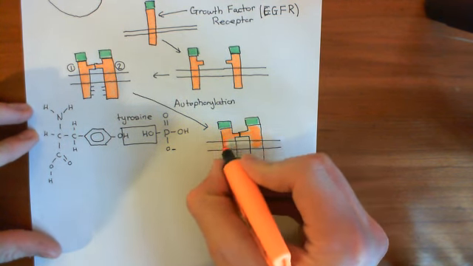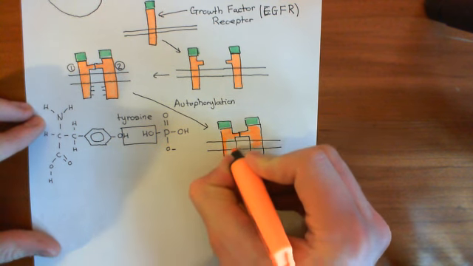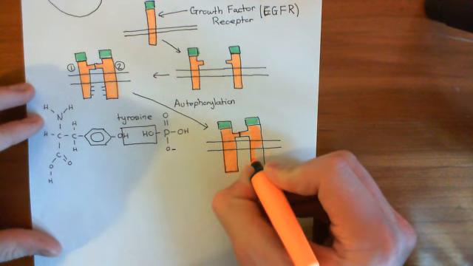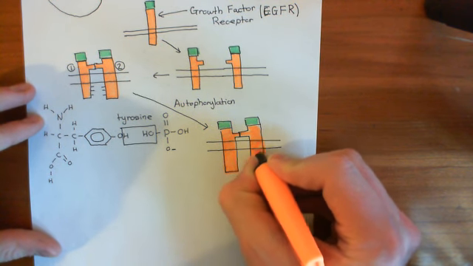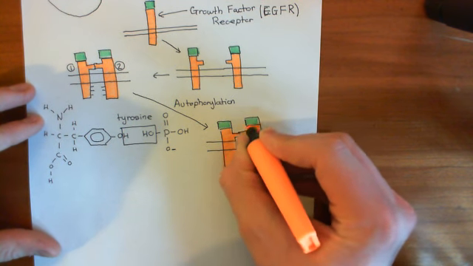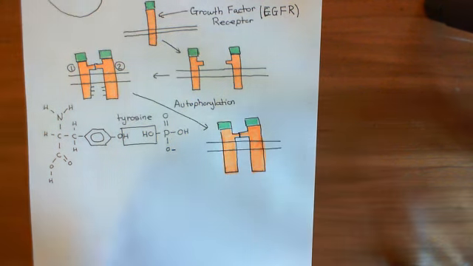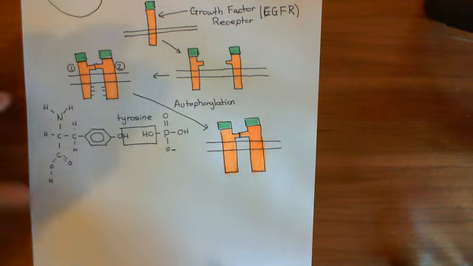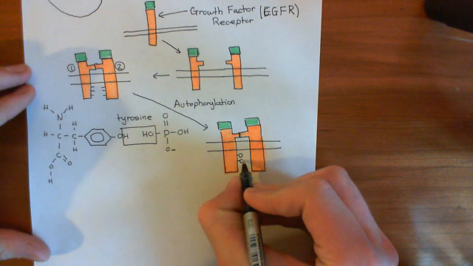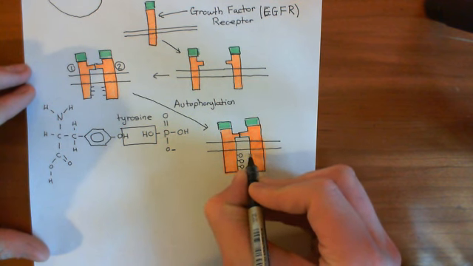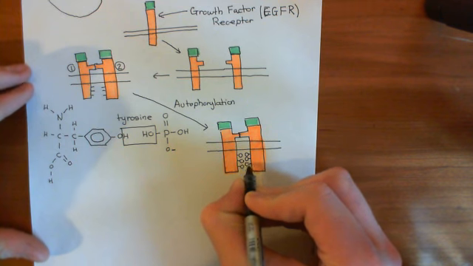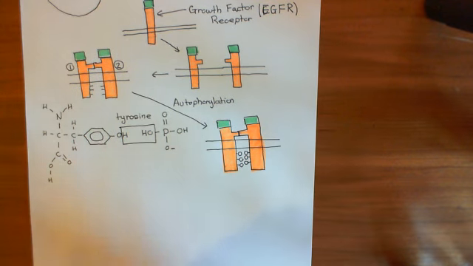And then off these tyrosine residues now, you will have phosphate groups. So you'll have these phosphorylated tyrosine residues on the intracellular domain, and those phosphorylated tyrosine residues are going to be really important in recruiting downstream signaling pathways. So let me draw these phosphorylated tyrosine residues. So I've just put little dots on them to represent phosphate groups, and the same for growth factor receptor 2 here in this dimer. Okay, there we go, and we'll colour them in pink.